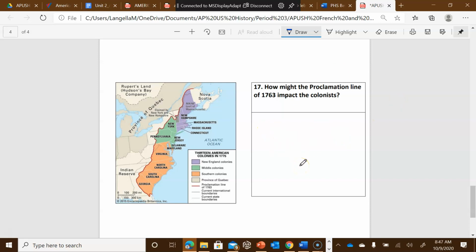And then the Proclamation Line of 1763 gets enacted. How might this imaginary line impact the colonies? We kind of talked about it already. What was a big no-go? Yeah, that's exactly right. They didn't want the colonists to cause more issues with native tribes west of that line, because they felt they couldn't defend themselves. And they said, now that you guys cause issues, you get nothing.